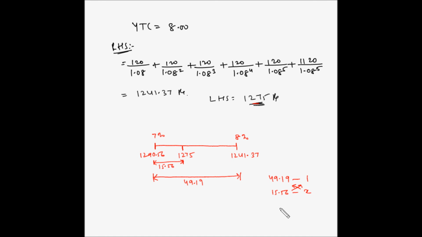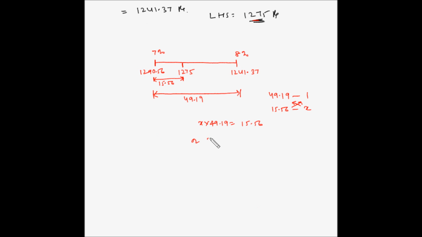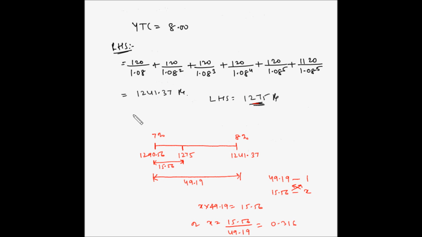So let's do cross multiplication. So x into 49.19 is equal to 15.56, or x is equal to 15.56 divided by 49.19. So this comes out to be 0.316.